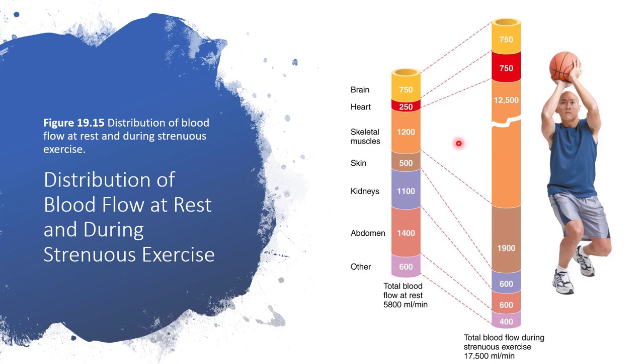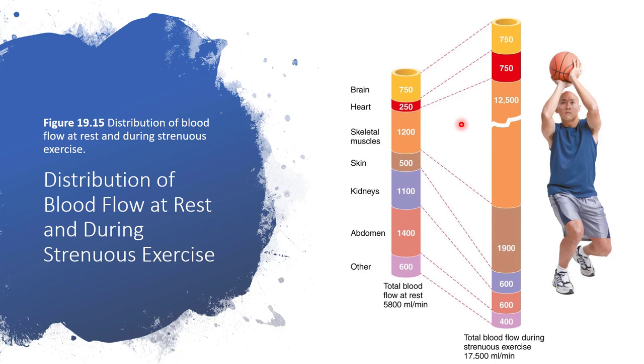At rest, the skeletal muscles receive only 1,200 ml per minute out of 5,800 ml of blood. Imagine how much blood we have, right? That's only about 20% of the total blood.